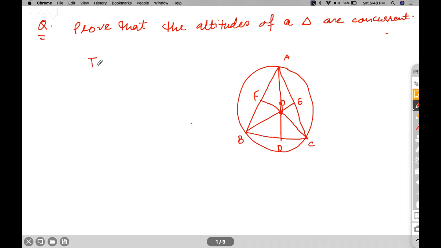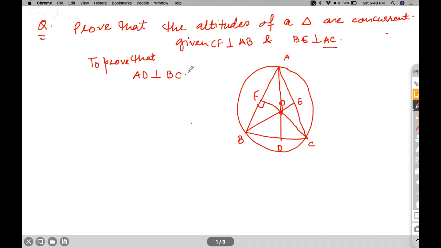I have to prove that, what I'm doing, I'm drawing two perpendiculars. So given is CF perpendicular to AB and BE perpendicular to AC. What I have to prove is AD is perpendicular to BC. Why? Because I have shown that all the points are passing through O.